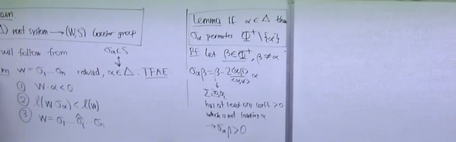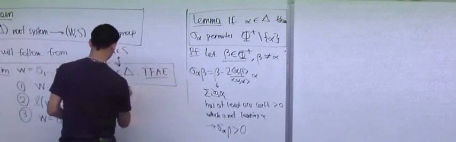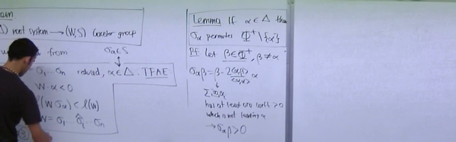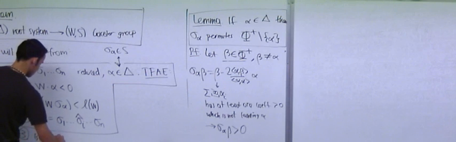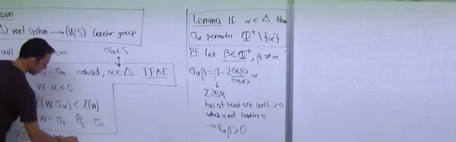So here is my claim. Okay? And the point is that 2 goes to 3 is the exchange lemma, is the exchange property. And then we can use Matsumoto's theorem that tells us if you check the exchange property, you know you're a Coxeter group.